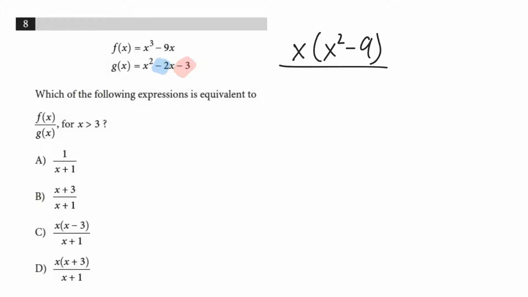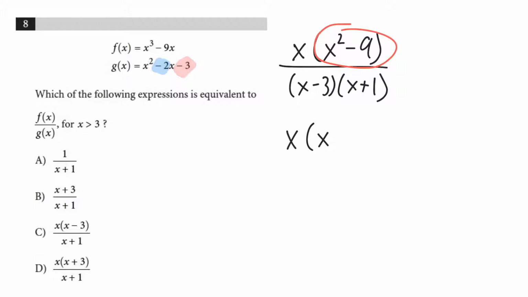Well, those are going to be negative 3 and positive 1. Yeah? And I can see that I'm going to simplify the top one more step. This difference of squares right here can factor as such.